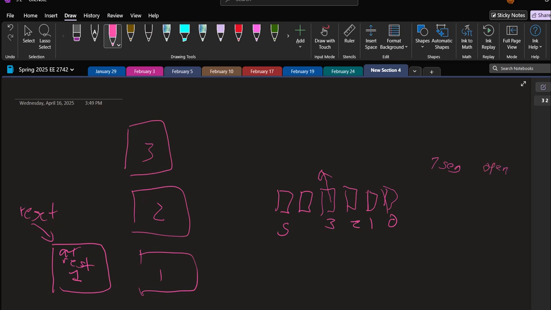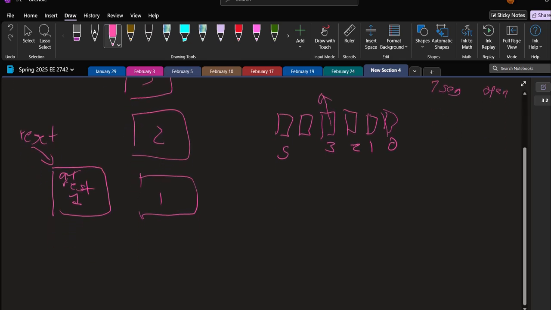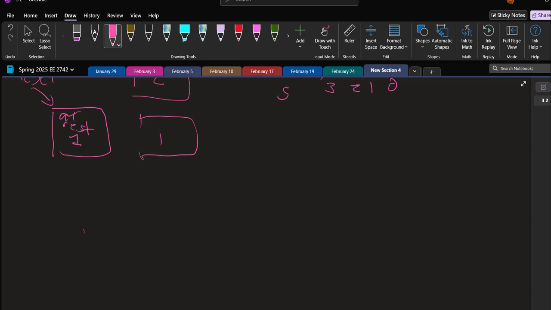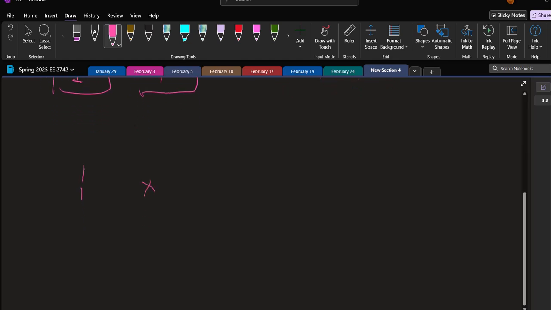Yeah. So we're currently at floor 1, so our 7-segment display would look like that, and our light would be off. Then we would go to floor 2, and would our light be on or off? Off. And then we would go to floor 3, and would the light be on or off? On. And then it would be on.